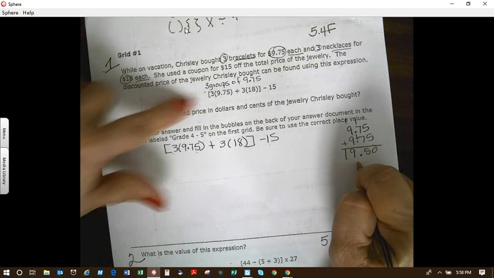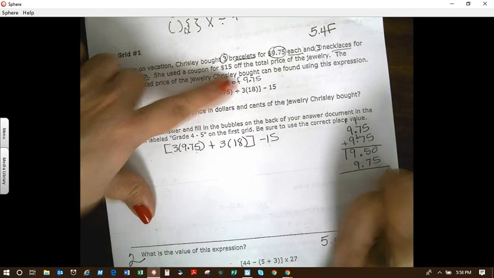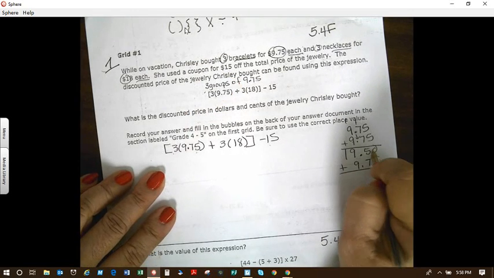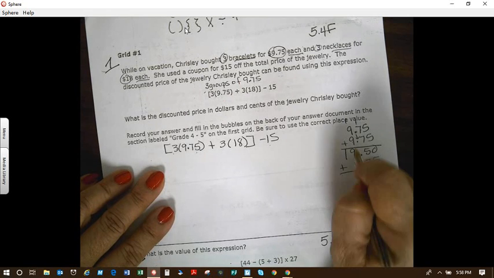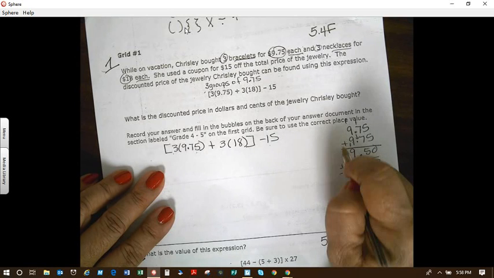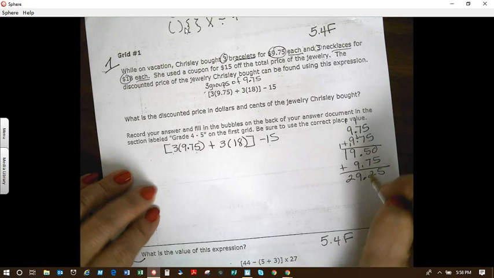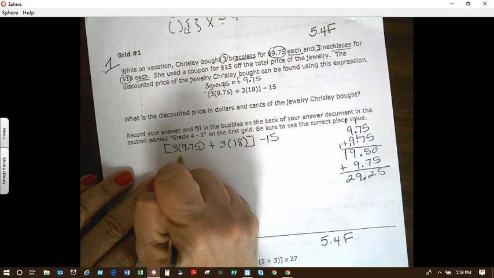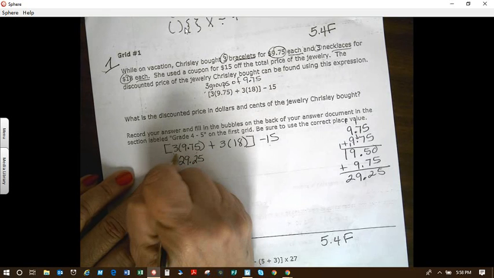Now I'm going to bring in my third group, that's $9.75. 5 plus 0 is 5. 7 plus 5 is 12. Carry my 1. 9 plus 9 is 18, plus 1 is 19. Carry my 1. 1 plus 1 is 2. So this is $29.25. Put my bracket around there.